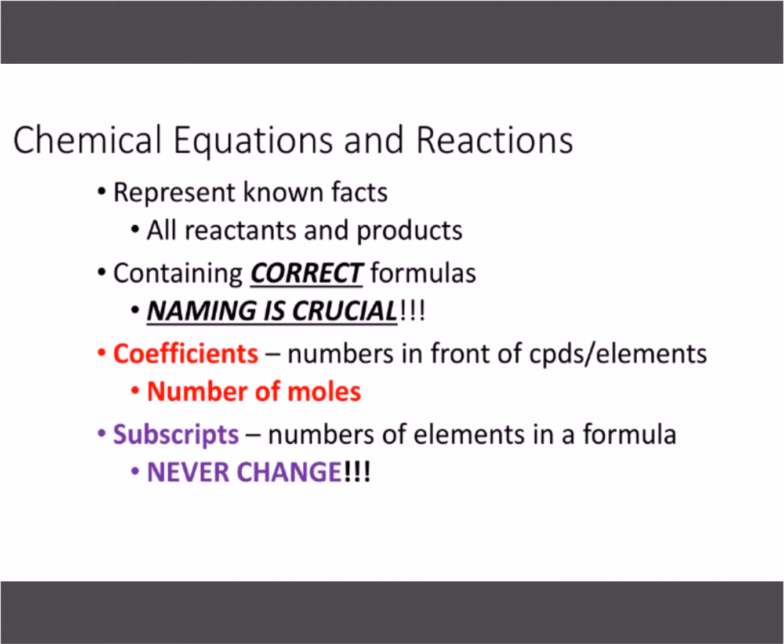Moving on, guys. Chemical equations and reactions represent the known facts, all of our reactants and products, the pieces that are reacting together, and then what they form once they're manipulated. They contain correct formulas. Correct is the key word there, meaning what is crucial? Naming is crucial, folks. Why is this so important?